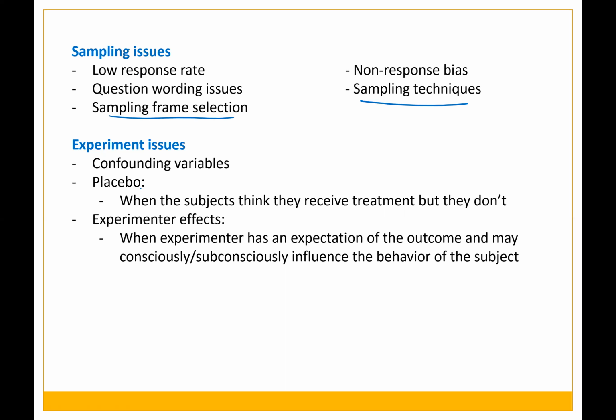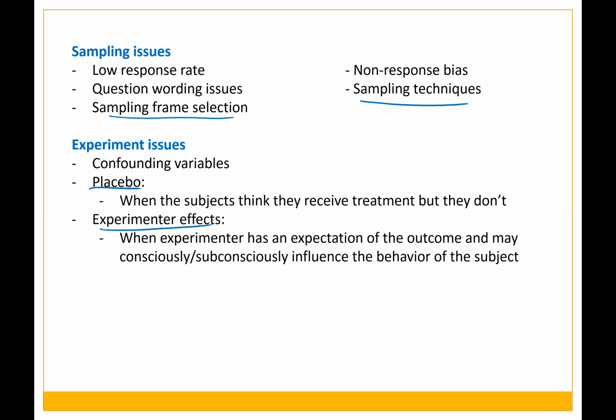We also have something called placebo and experimental effects, something we don't actually discuss in this class, but it's really good to know. Placebo is usually applied in psychology. When you tell the subjects, okay, I'm going to give all of you this kind of pill and let's see what the effect is, placebo is where the subjects think that they receive the treatment, but they don't actually receive it.